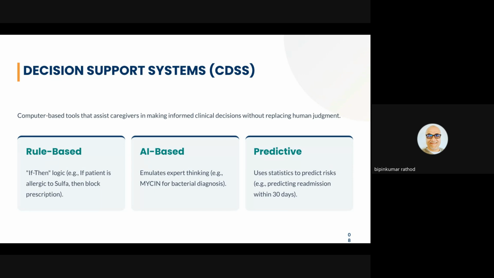But if the patient's age is 85, and the patient has COPD and asthma, and you put the diagnosis as pneumonia, it can predict severe pneumonia because now you have an added predictive intelligence with COPD and asthma, and you can predict that the patient is going to get deteriorated. So that is rule-based, AI-based, and predictive modeling of your clinical decision support system.